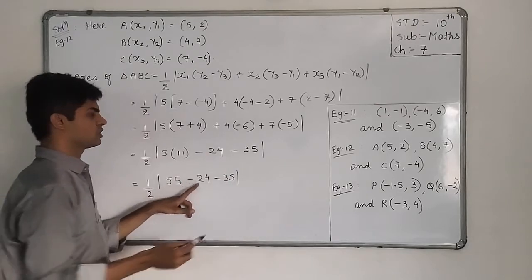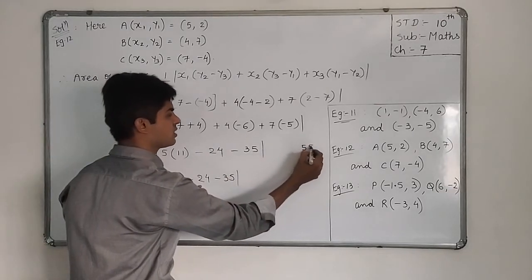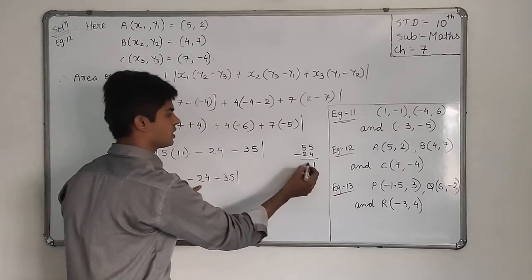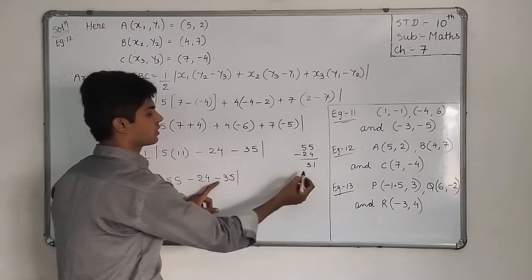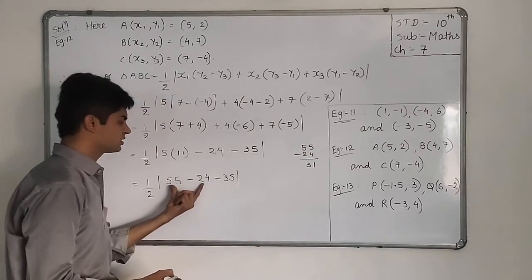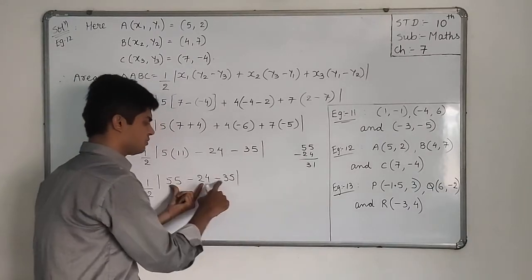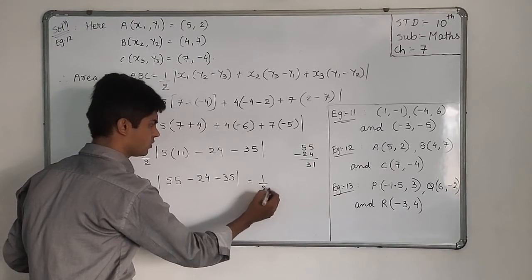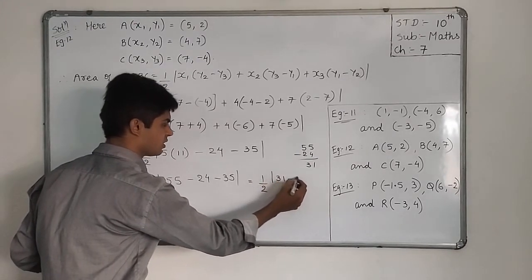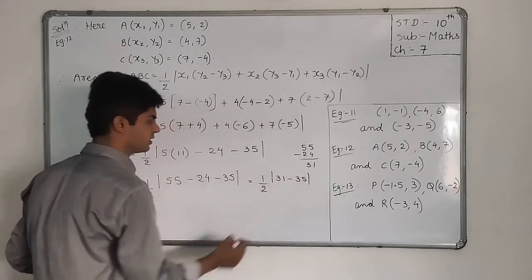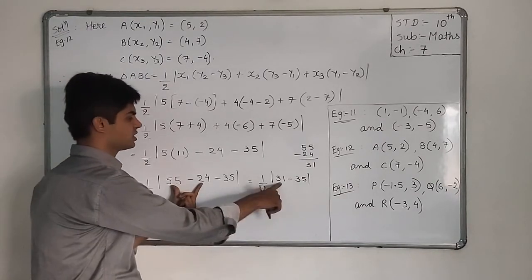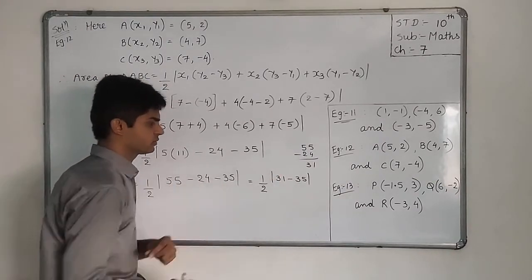Let us solve this. First of all, 55 minus 24 is 31. So half modulus 31 minus 35.